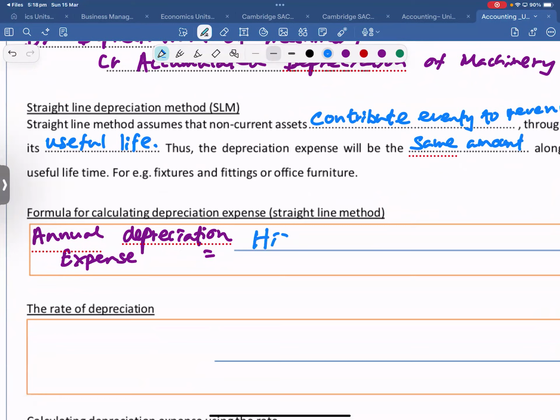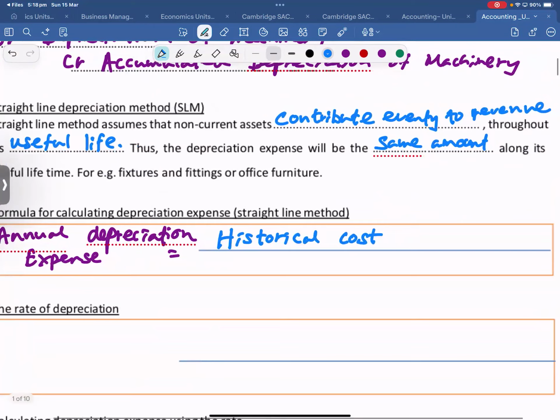Historical cost, take away something. Residual value, divided by useful life in years, okay?